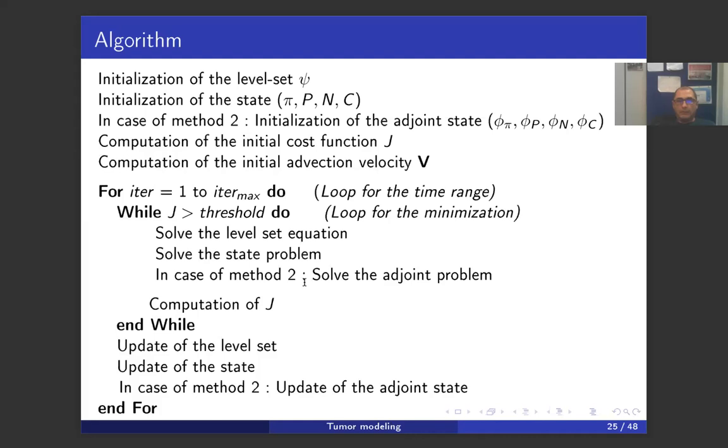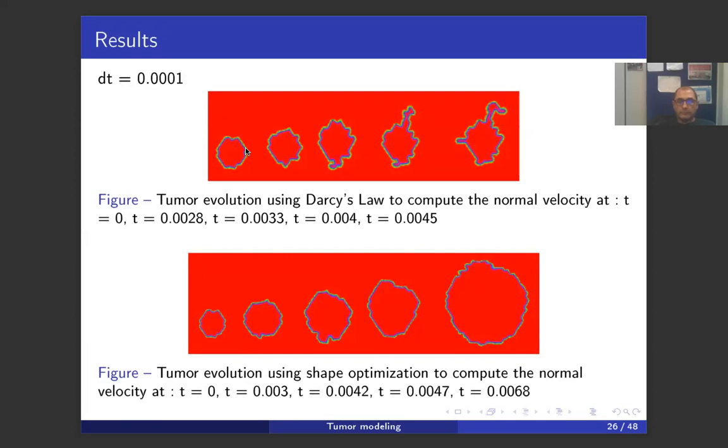And of course, for the second method, we have more computation to do because we have to solve the adjoint problem at each iteration. And then using FreeFEM, we obtain this evolution of the tumor free boundary. The first numerical results are obtained using the Darcy law, and the second are obtained using the shape optimization method.